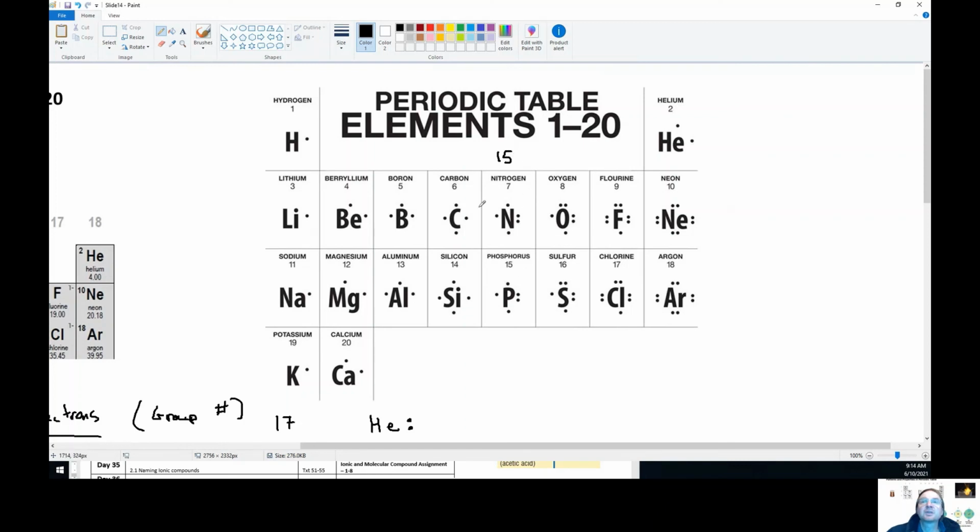Same with phosphorus. Carbon is group 14, therefore it's got 4. Notice those patterns. You'll start to see those patterns. And of course, helium's only got the 2 electrons, since in its first energy shell, you should have 2.